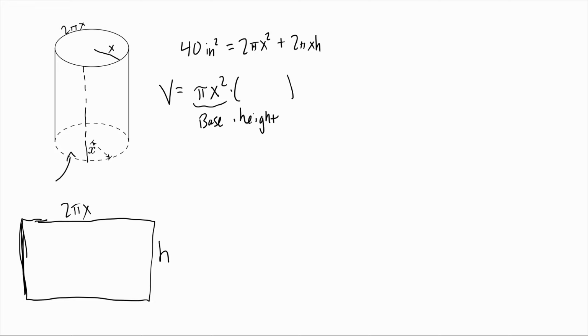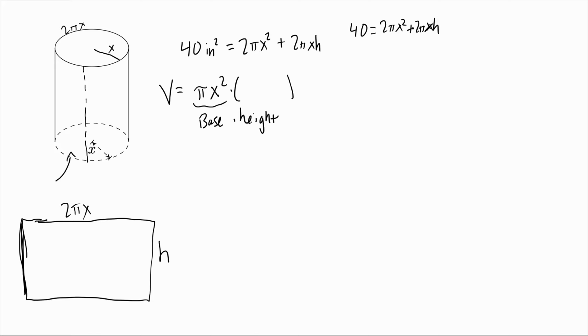Okay, so we could solve for h in terms of x. So we'd get 40 is equal to 2 pi x squared plus 2 pi x h.